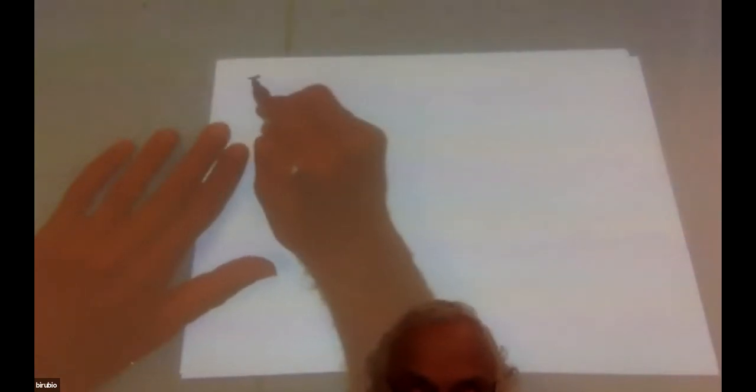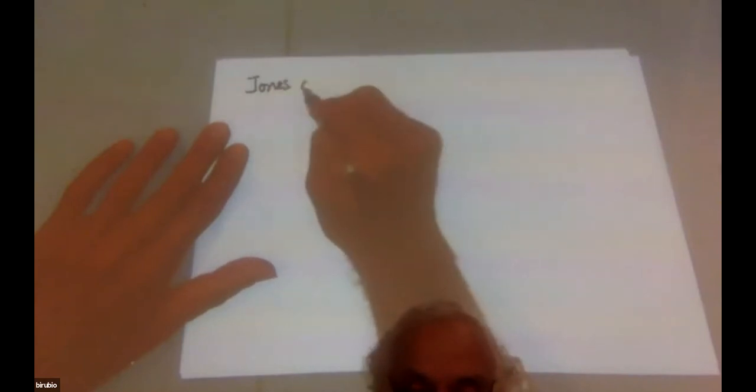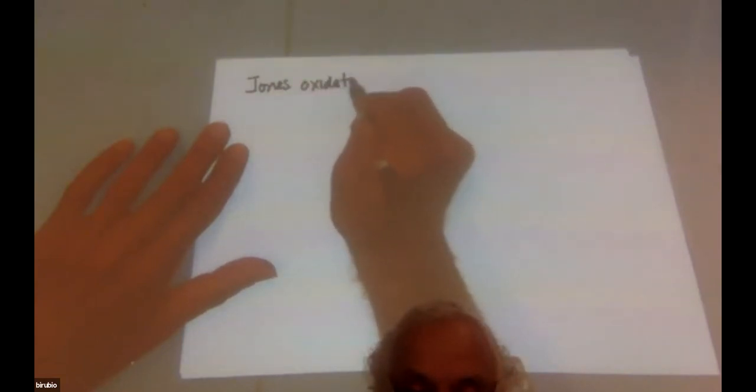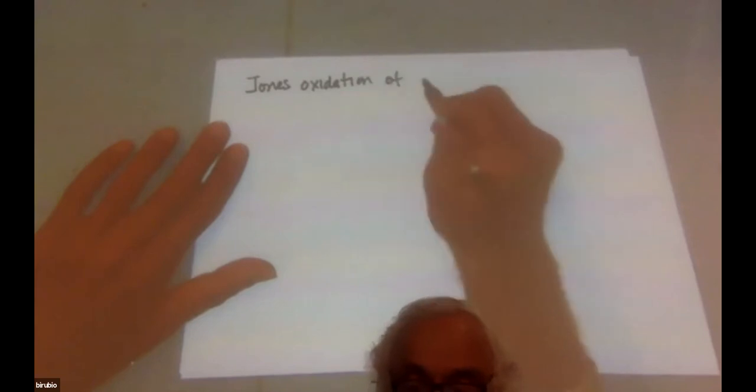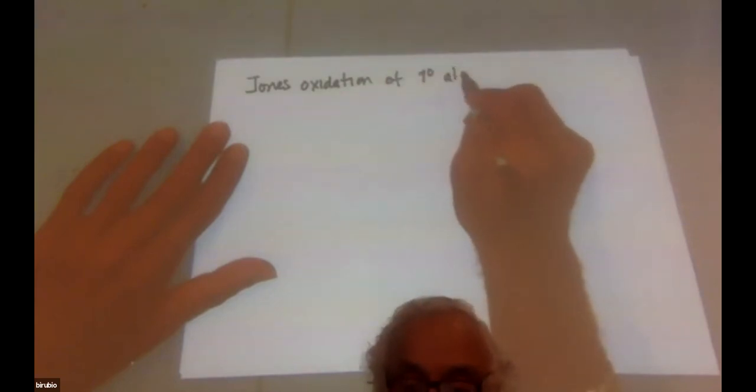Very lengthy, very complicated. And we have to break it down into what happens with a primary alcohol and what happens with a secondary alcohol. So let's look at Jones oxidation of a primary alcohol.